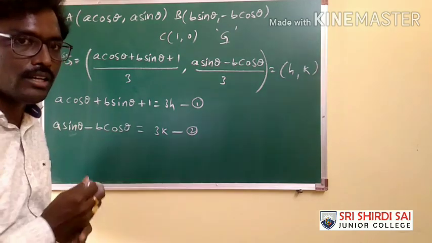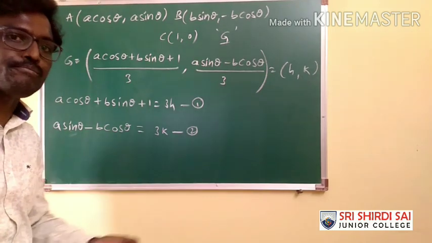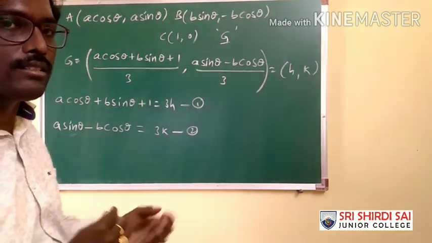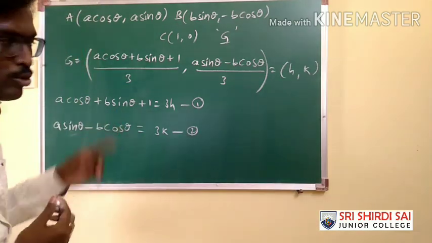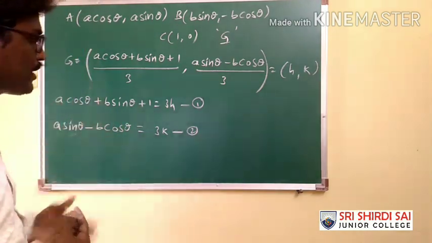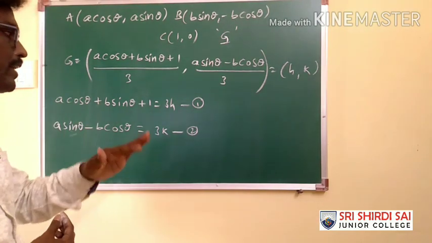That depends on the functions. Here we have an identity between sin theta and cos theta: sin square theta plus cos square theta is equal to 1. In such a case, definitely we have to go for squaring and adding or subtracting, we'll see.